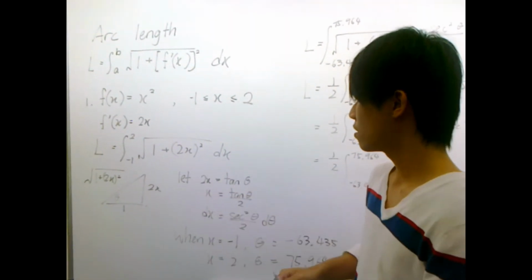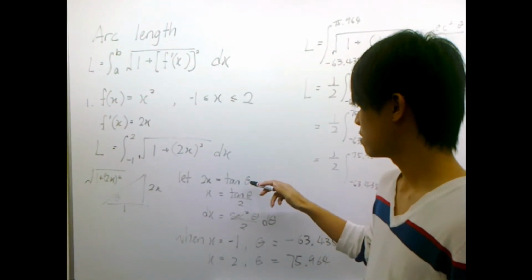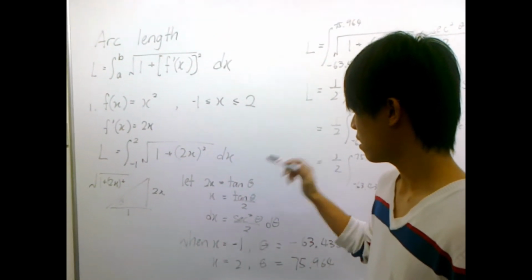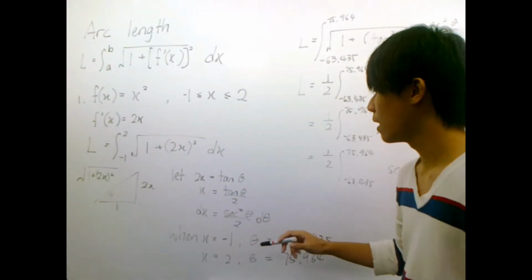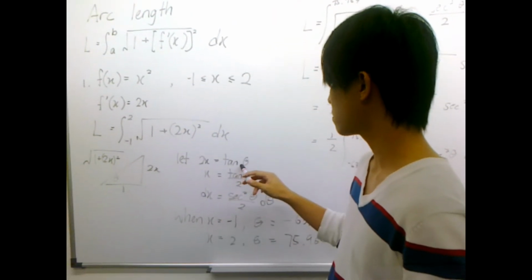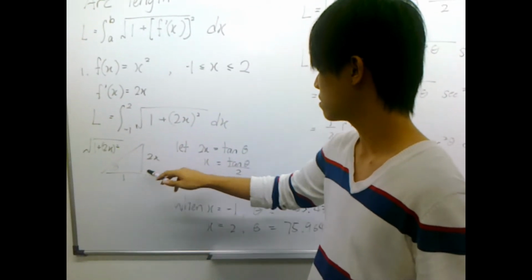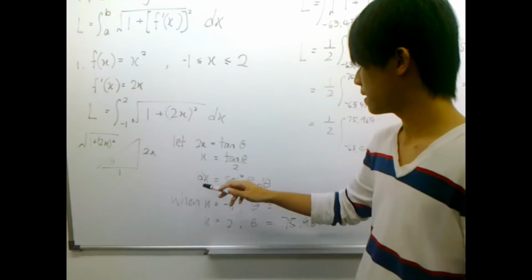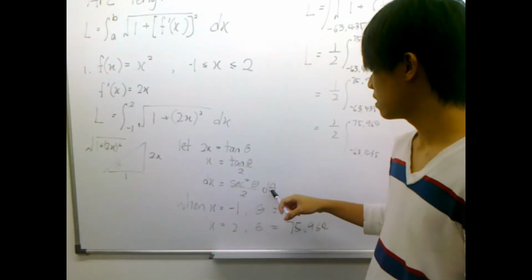Now we will let 2x equal tangent theta and x equals tangent theta over 2. This is because tangent theta is equal to opposite over adjacent, which is 2x, and dx equals secant squared theta over 2 d theta.